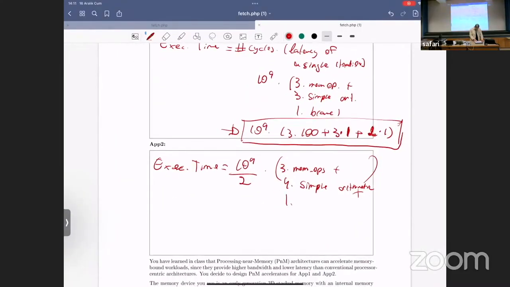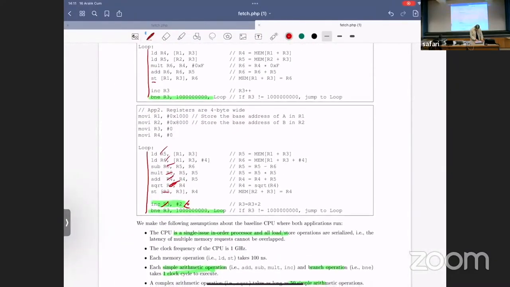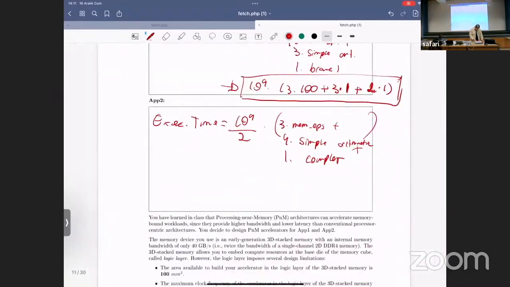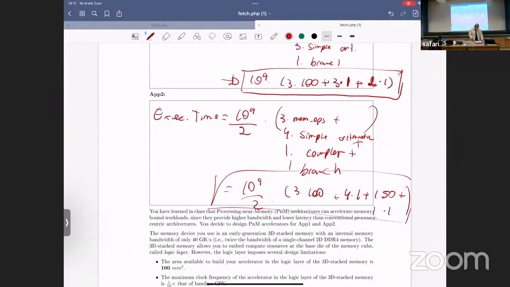So one complex, and the branch. So this is going to be equal to 10 to the 9 over 2 times 3 times 100 plus 4 times 1 plus 1 times 50 plus 1 times 1. So are there any questions here?